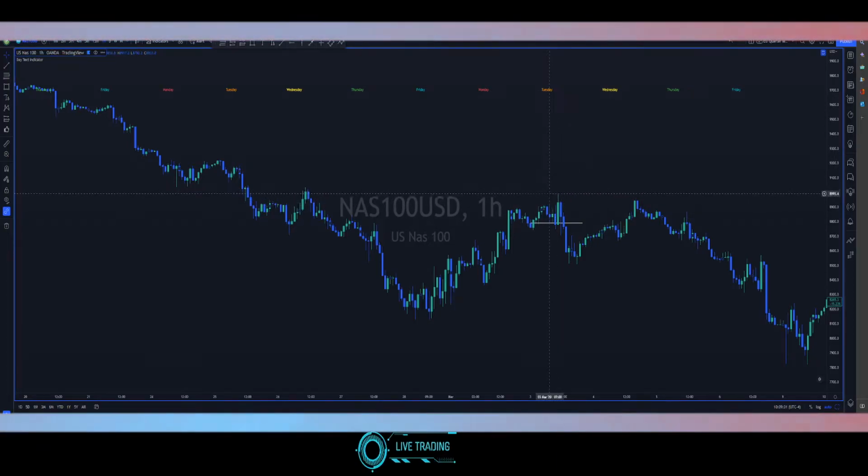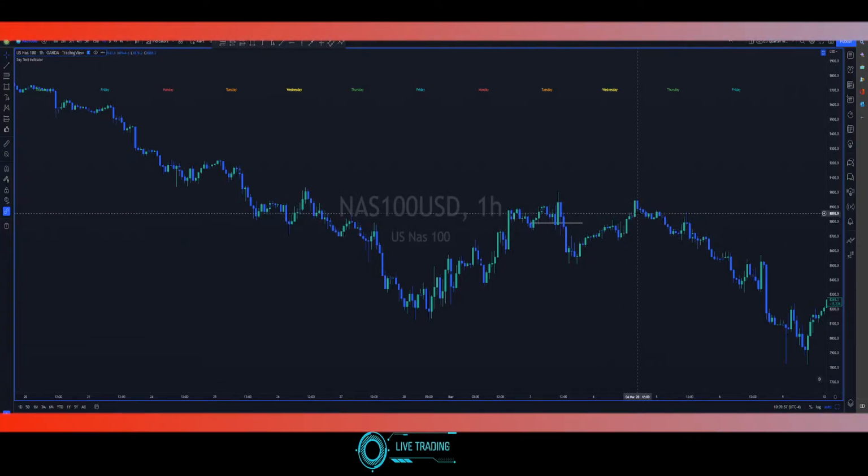This wick here is an imbalance, most likely on a lower time frame, because it wicked up. If it's a wick on the 1 hour, it's probably a nice wick on a 15 to 5 minute. So price taps right into that imbalance, then starts to trend down.